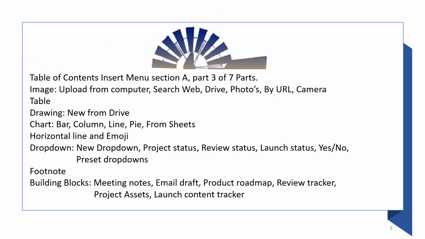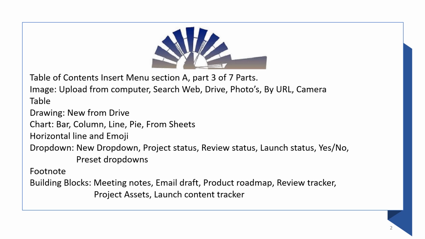Table of Contents, Insert Menu, Section A, Part 3 of 7 parts. Image: Upload from Computer, Search Web, Drive, Photos, by URL, Camera. Table. Drawing: new, from Drive. Chart: bar, column, line, pie, from Sheets.